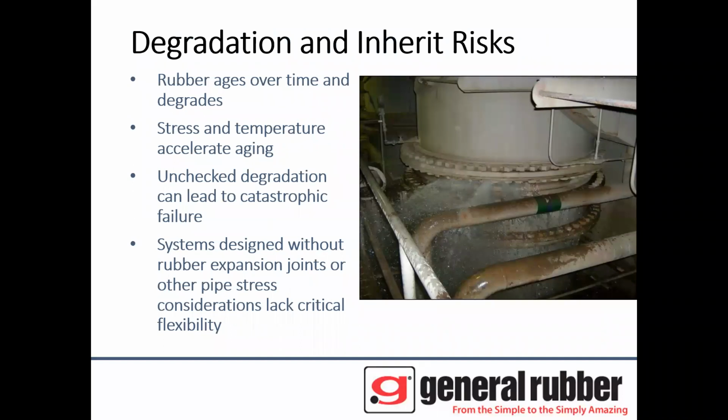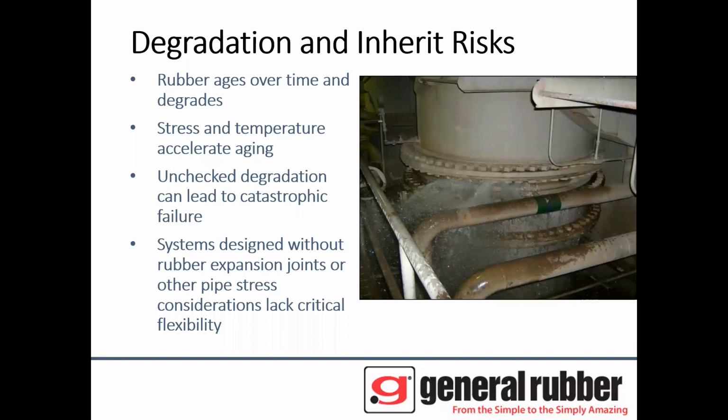An important point is that rubber expansion joints have some degree of degradation and inherent risk. Rubber expansion joints age over time and degrade, not unlike a car tire or a radiator hose or other rubber components within a car. Stress and temperature accelerate aging, and unchecked degradation can lead to catastrophic failure.